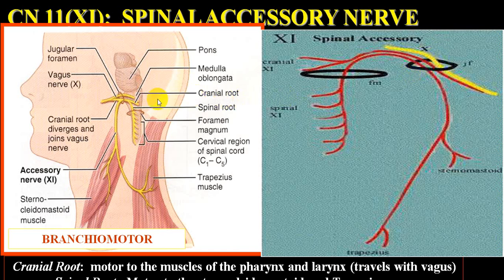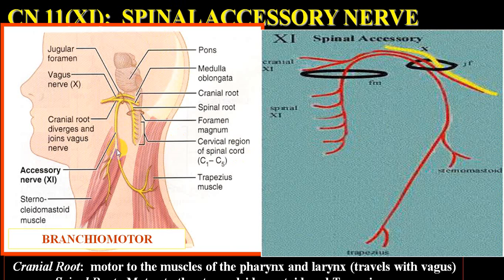But this spinal, we call spinal accessory, that is after combination of cranial and spinal nerve root, there will be some branches of vagus nerve. There will be communication. So cranial root diverges and joins the vagus nerve. So one portion of cranial nerve root will be combining with vagus nerve and will be running along with vagus. And the remaining part of that combined root, we call spinal accessory nerve, will come out.